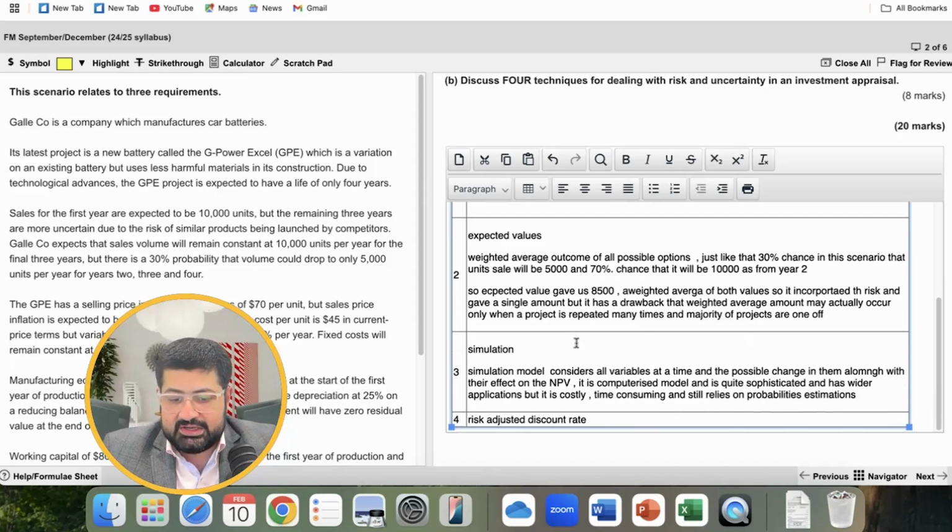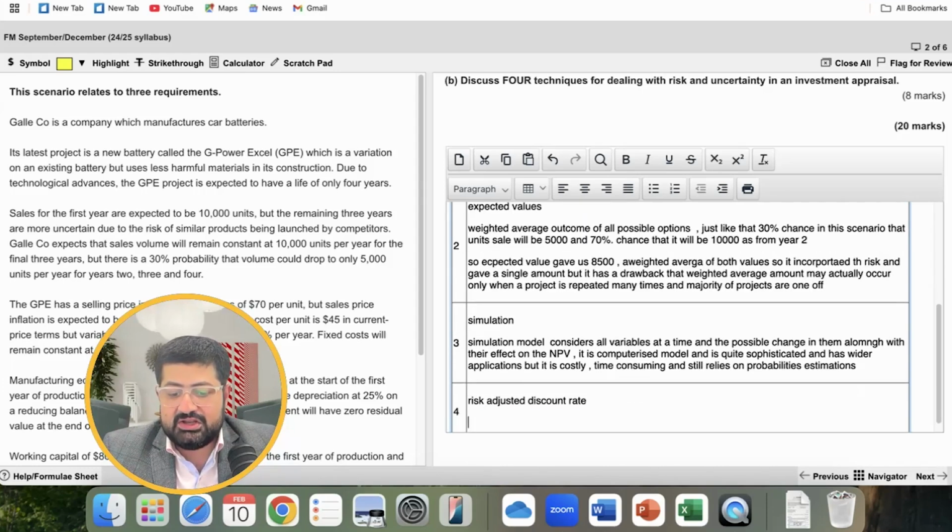And the last point is risk adjusted discount rate. So the NPVs of the project are calculated using discount rates on cash flows of the project.